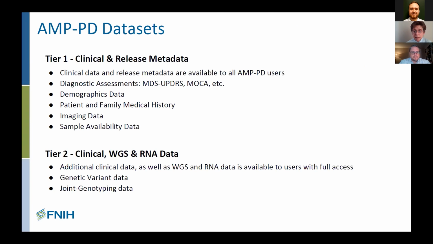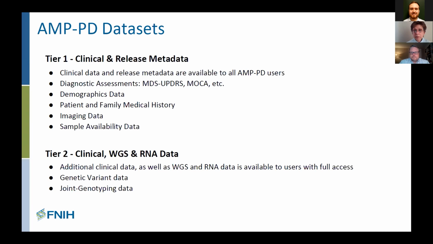In order to be consistent with HIPAA requirements and with the NIH's genomic data sharing policy, we have a 2-tier system for data access. Tier 1 provides access to the de-identified longitudinal clinical data that was harmonized across the 4,000 plus subjects. Access to Tier 1 requires that you sign the data use agreement.